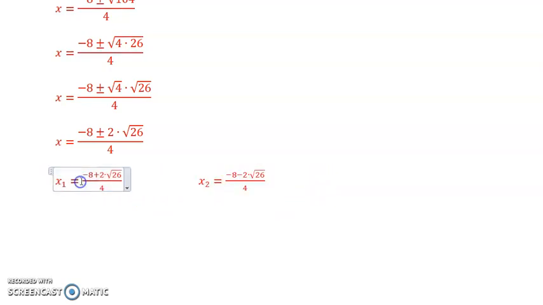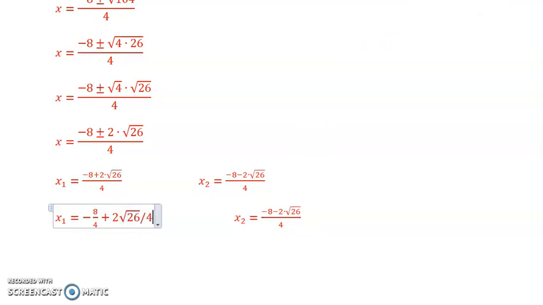And what I talked about before was when you were simplifying these, what essentially this means is this 8 is divided by 4, right? So basically what it looks like is -8 divided by 4, and then the plus 2 square root 26 all divided by 4 as well. So some people like to split it like that, and I'm okay with that as well.